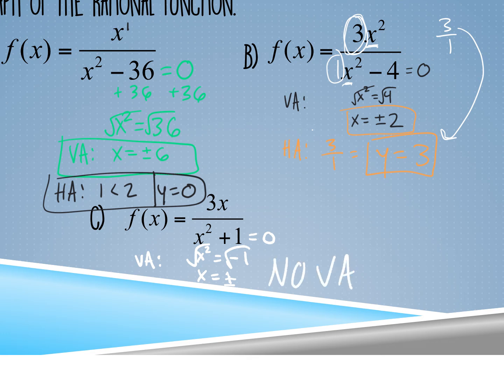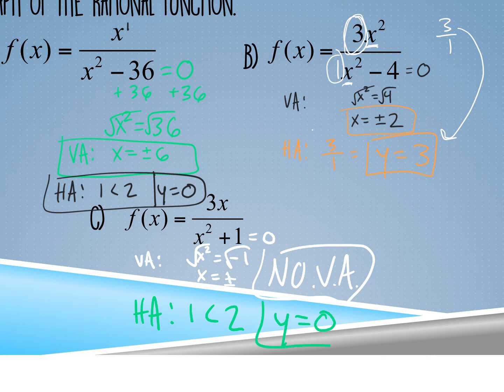No vertical asymptote. And then how do I find my horizontal asymptote? The degrees. So I have the degree of 1 on top, and the degree of 2 on the bottom. So if 1 is less than 2, what's my horizontal asymptote? Y equals 0.